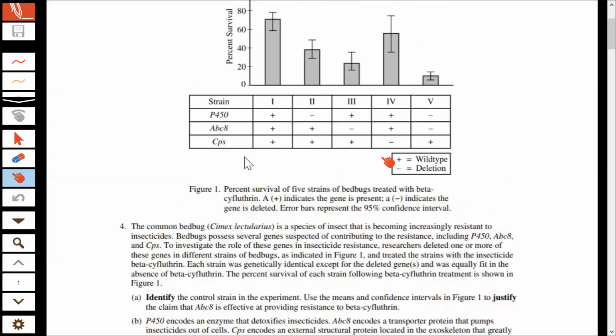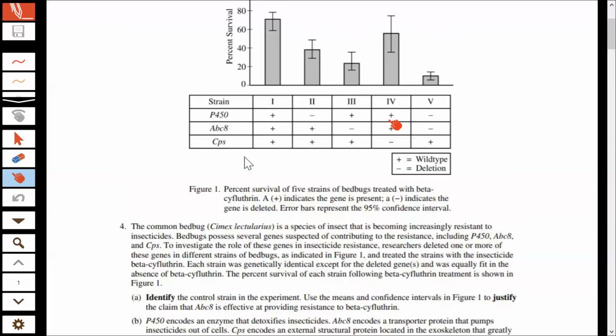So it will lower the survival. But how about group 4? Even when it doesn't have this protein that lowers the absorption rate, it still has a pretty high chance of survival, actually not even statistically different from the control. And one of the things you could note there is that if you don't have CPS, even though the insecticide can get into the bed bug, it still gets pumped out, right?